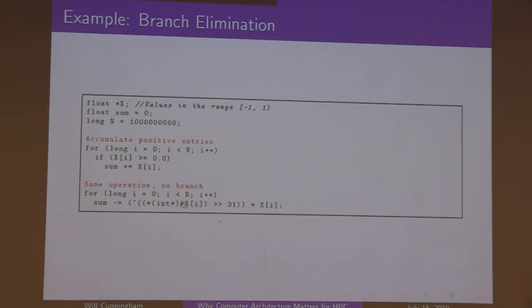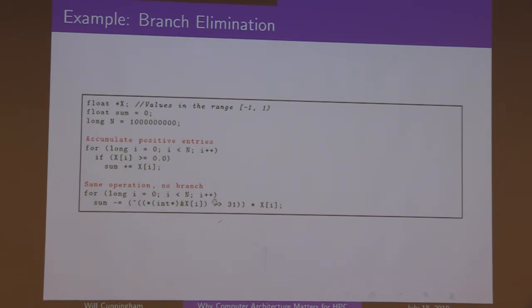This ampersand here is taking the address of it. It's casting it to an integer, and then it's dereferencing it. So what you have now is just the string of bits. And then it's doing some bit arithmetic.